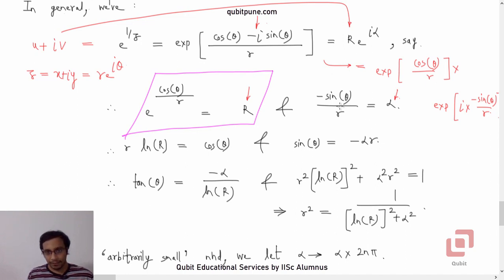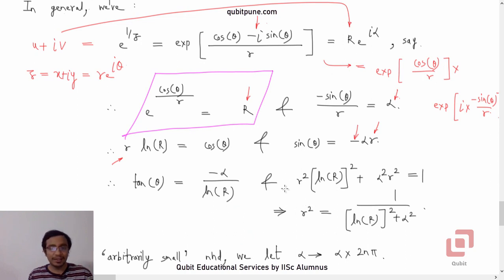First you shift r there and multiply by minus 1, so you'll get sine theta as minus alpha r, and on this side you take log because you want cos theta and r not in the exponent. So r times log R will be cos theta because log of e is 1. Then you can divide sine by cos, so tan theta will be minus alpha r upon r ln R, and then you can just cancel r because r can never be 0 in this case. So we have got tan theta, but that's not important.